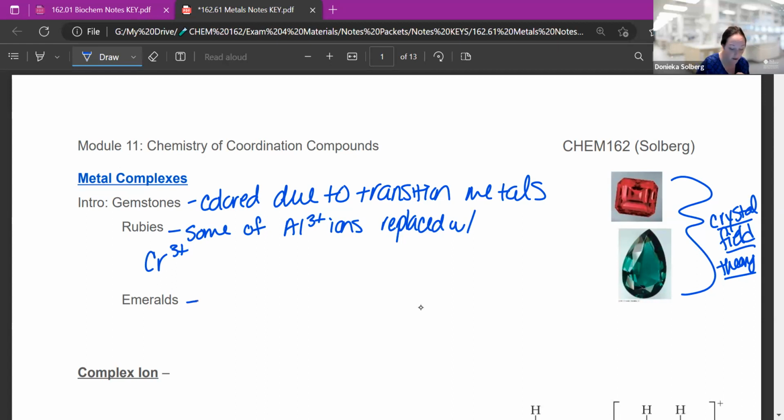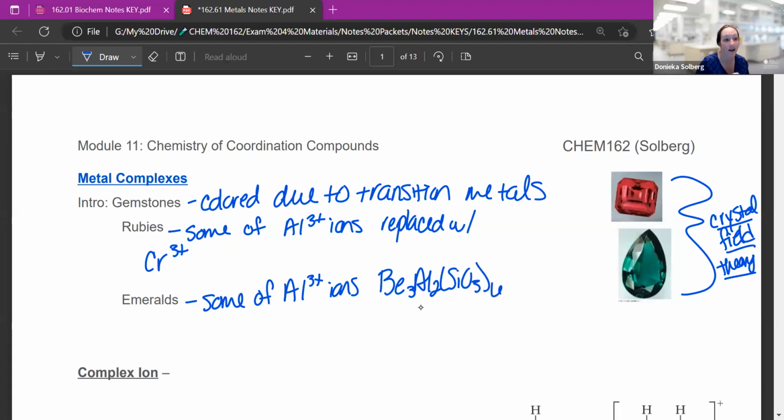Emeralds, very similarly, have some of their Al3+ ions replaced with chromium 3+ ions. This specific compound is Be3Al2Si6O18. I know it's a very complicated compound, but we're going to be looking at complicated compounds like this.